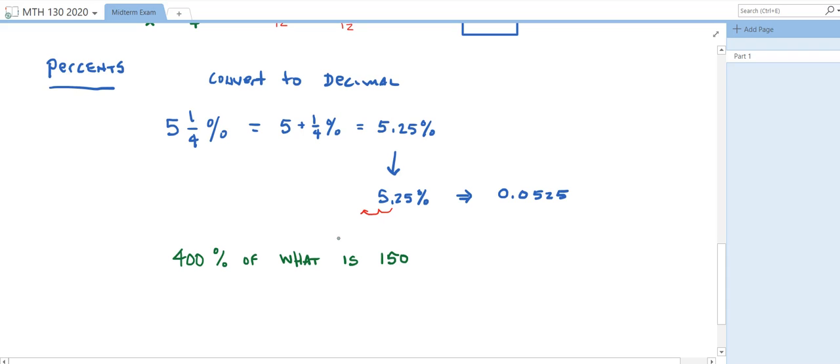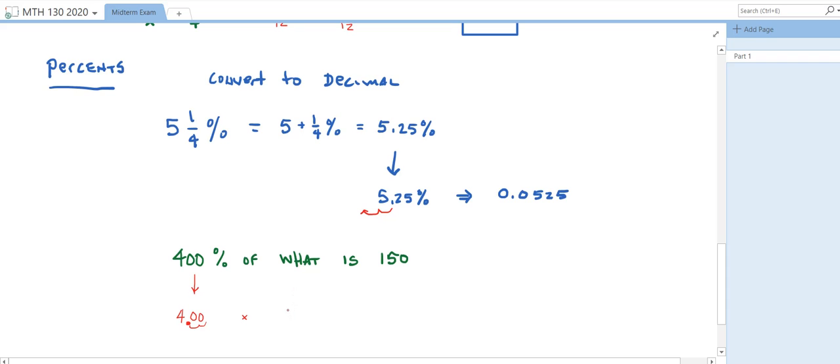Well, the way you'd handle this sort of problem, if you recall, first off, we're going to switch this to a decimal. So we'll divide by 100, which means we're going to move the decimal place two places. So this is 4.0. And then when you see "of," you use multiplication, times.